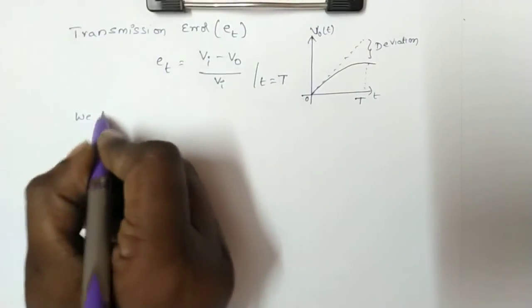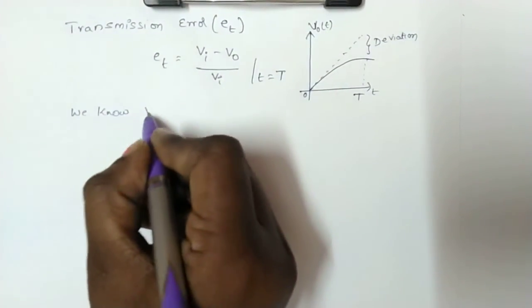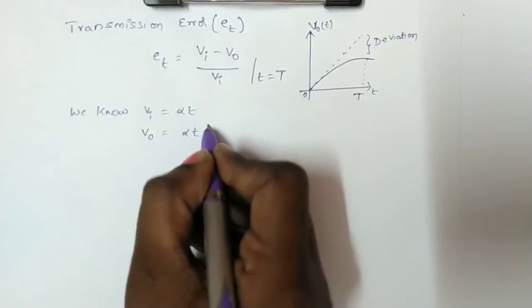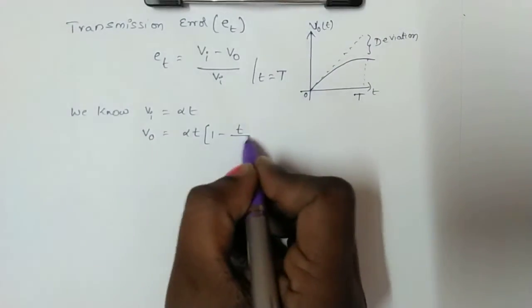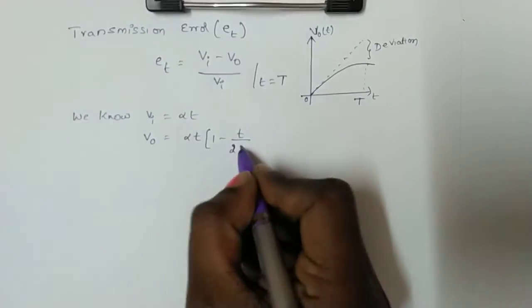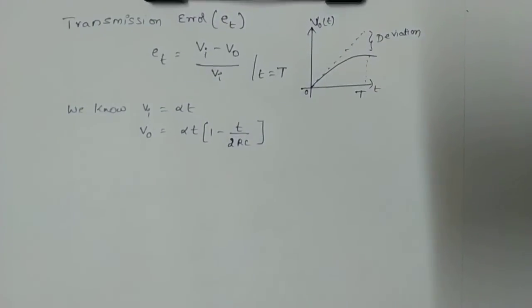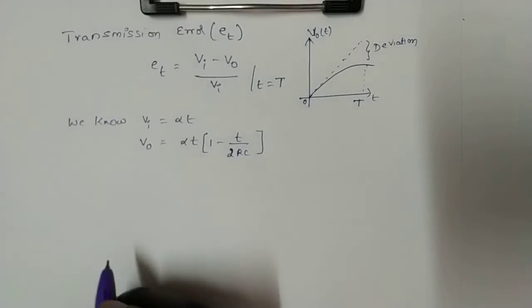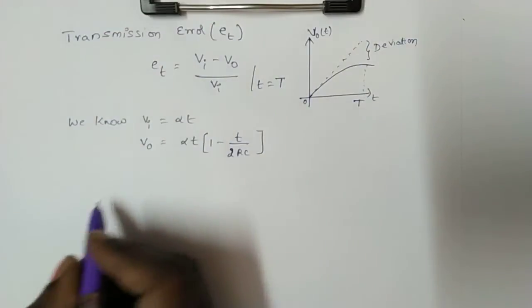We know V input equal to alpha t and V output equal to alpha t into 1 minus t by 2 RC. Now substitute these two equations in the transmission error formula.